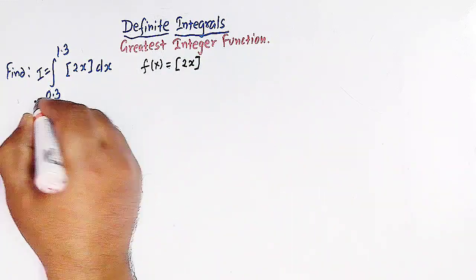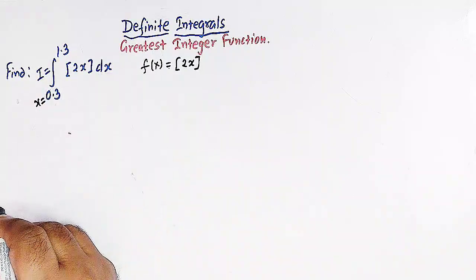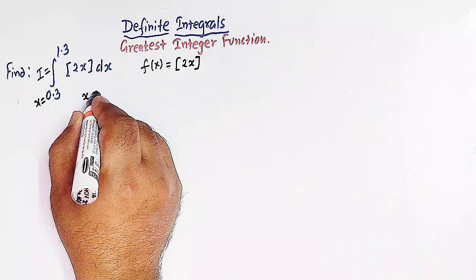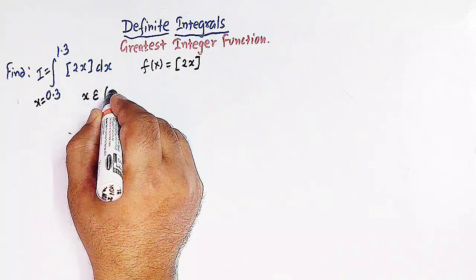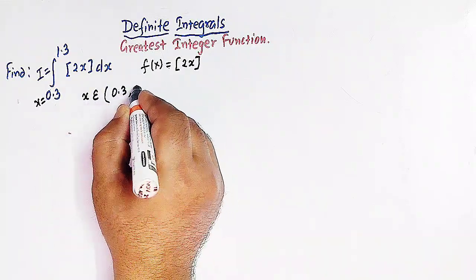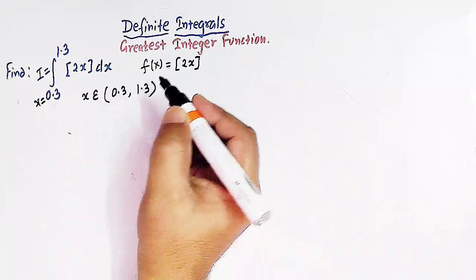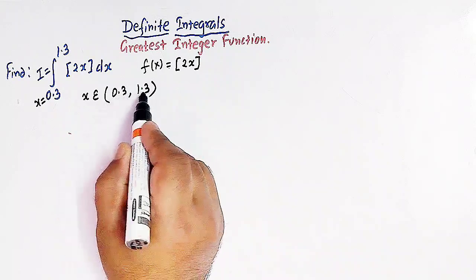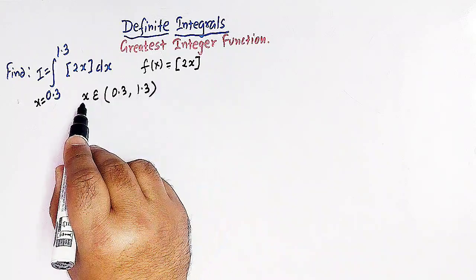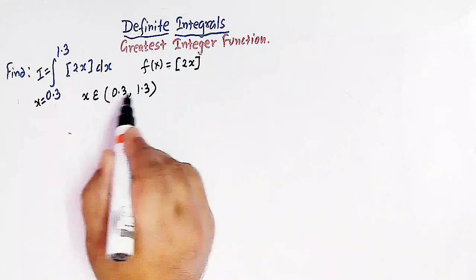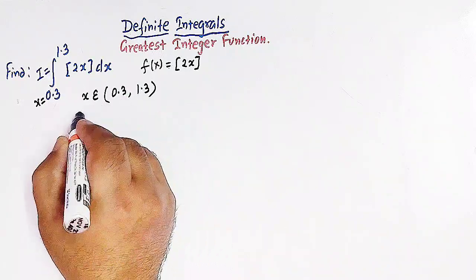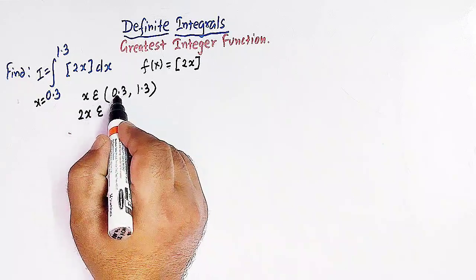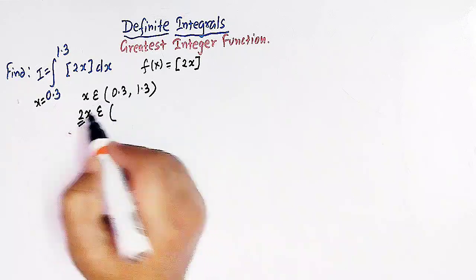So here x varies from 0.3 to 1.3, right? So we can now write this fact as x belongs to this interval, that is 0.3 to 1.3. So when x varies from 0.3 to 1.3, then 2x varies from, we'll multiply these two numbers by 2, right?